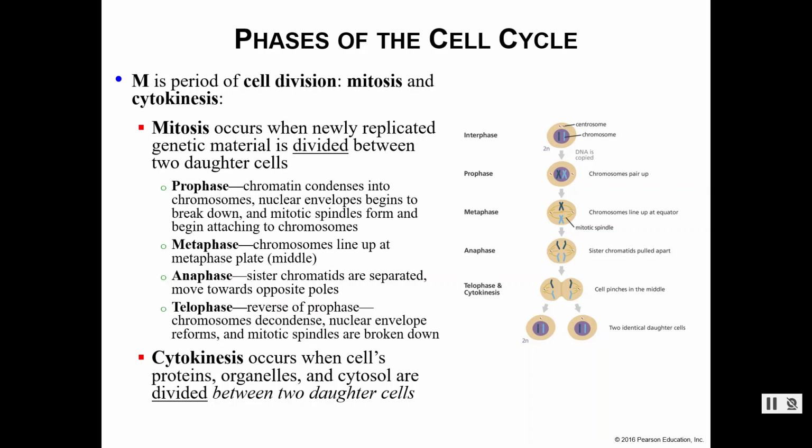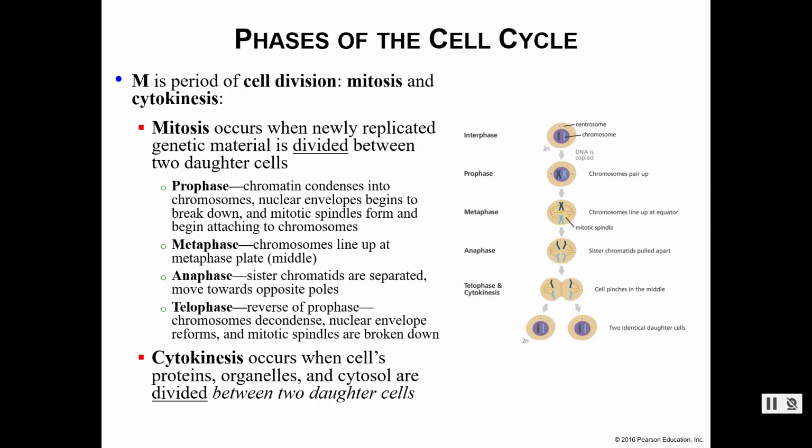Sounds kind of hard to do. So what we do is we take the ball of string, the chromatin, and we condense it into chromosomes. And this is what a good old chromosome would look like. We have chromosome pairs here, because they do come in pairs. And so that's number one.